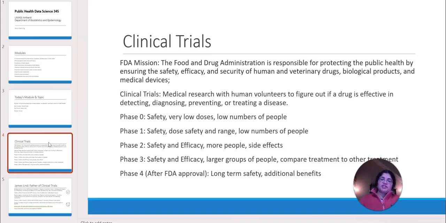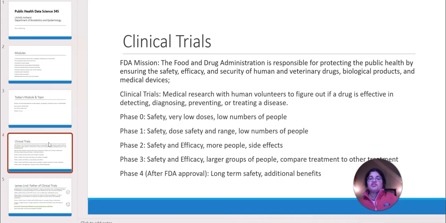And it does that by ensuring the safety, efficacy, and security of drugs, biological products, and medical devices. There is more to its mission because it also protects food, but in the context of clinical trials, we'll stick with drugs and other biological products and medical devices.